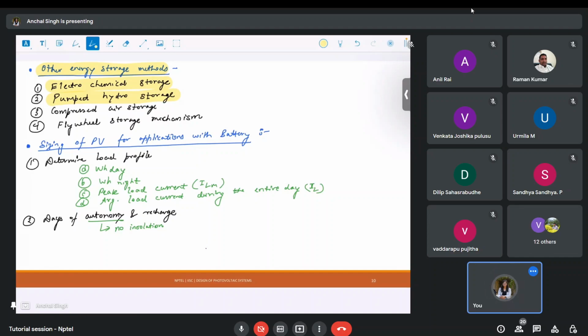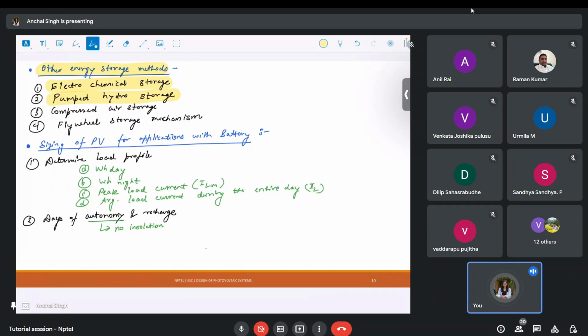Now, what happens when you store the water in overhead tank? When you raise any object to height h, we increase the potential energy of that object. If m is the mass of that object, then the changed potential energy of that object is m into g into h, right? So we are increasing the potential energy of that object using our solar panel.